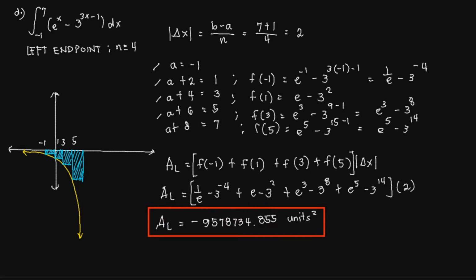Now you might be thinking, why is our area negative, since in real life we have no negative area. That's okay in this case because what we're referring to here is signed area, like what we'll discuss later on in the definite integral.